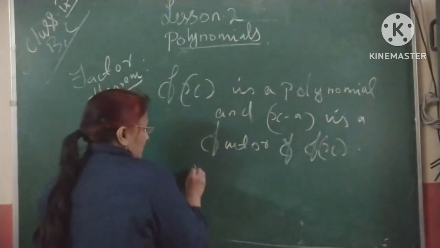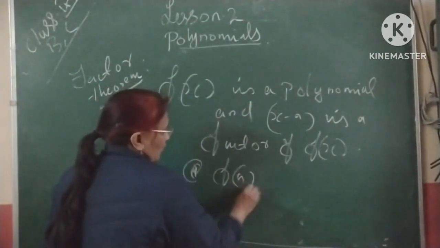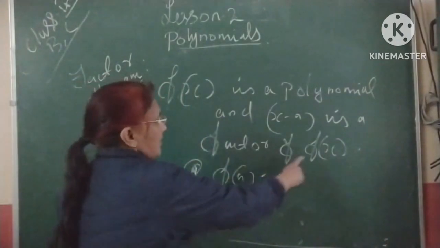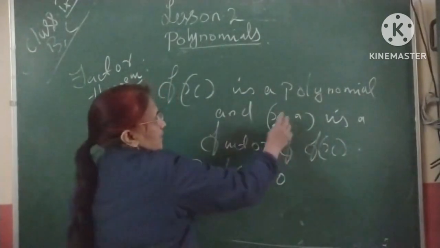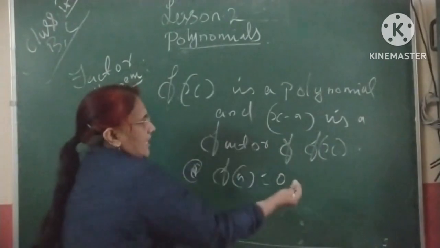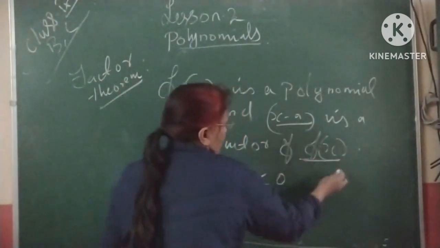Then we can get two things. First one, f of a equal to 0. Then x minus a is a factor of f of x. If f of a equal to 0, then x minus a is a factor of f of x.